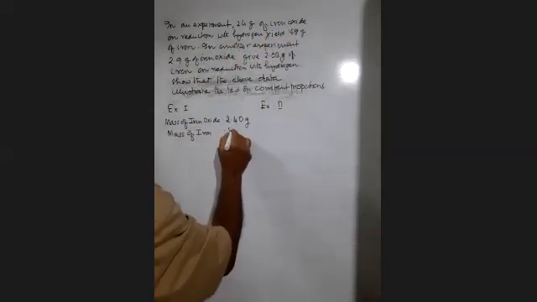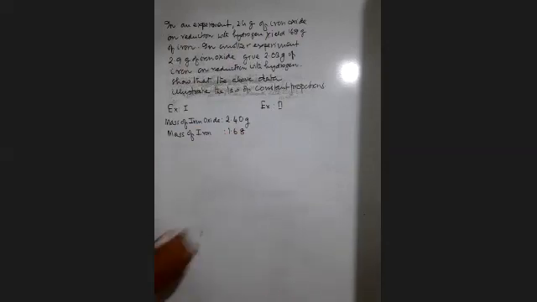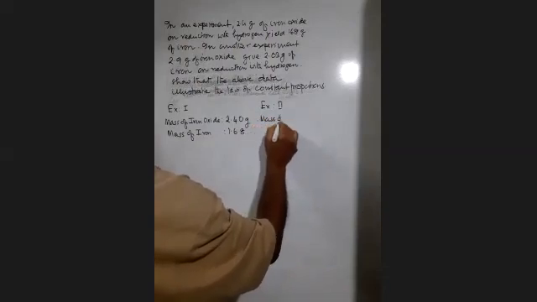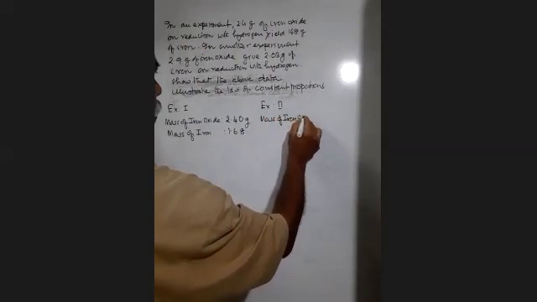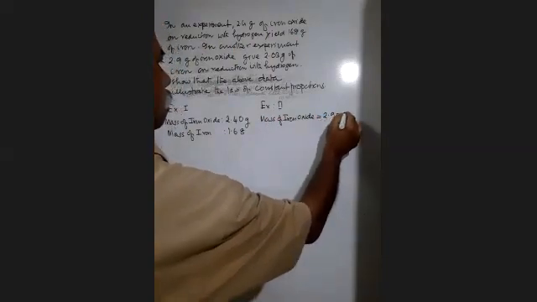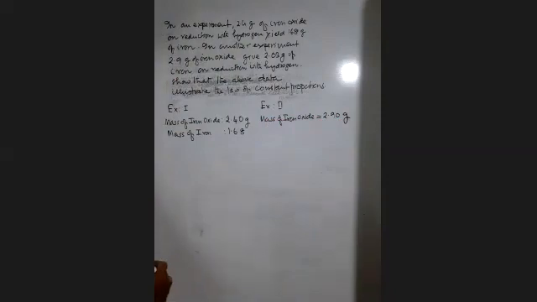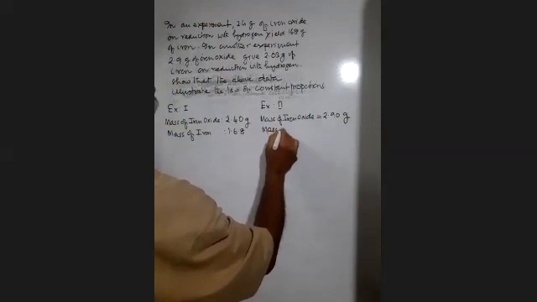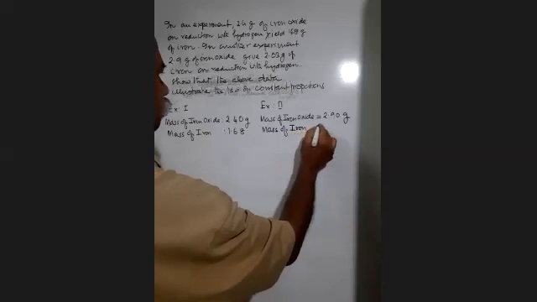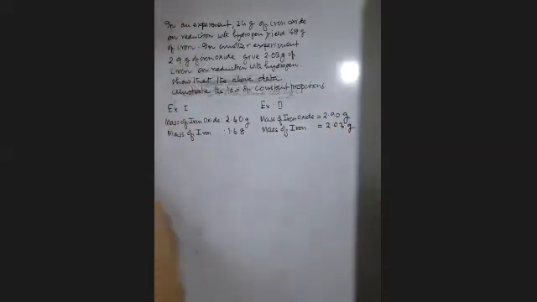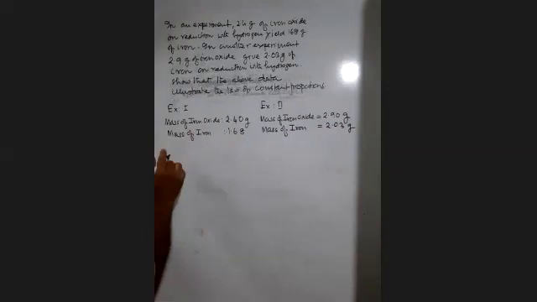And 1.68. And in this case, this. So if I subtract this one, then I know the mass of oxygen.